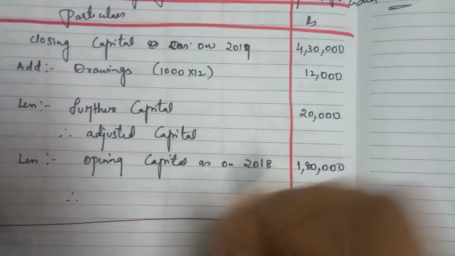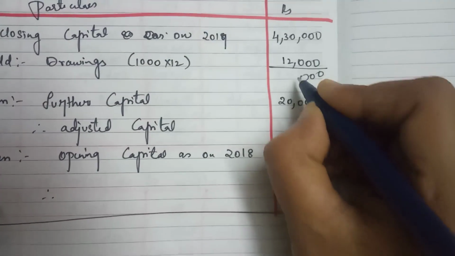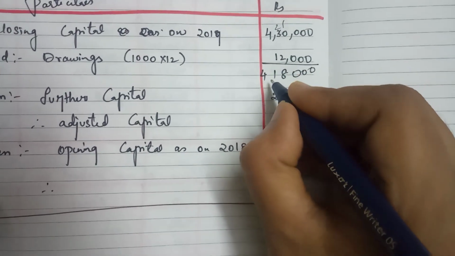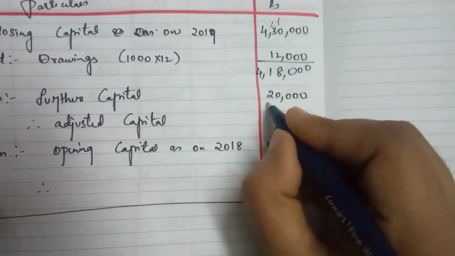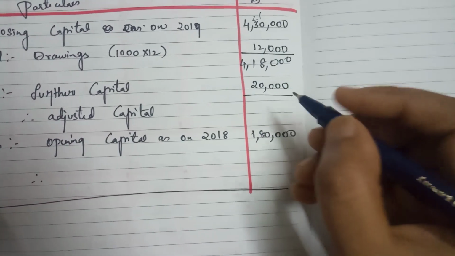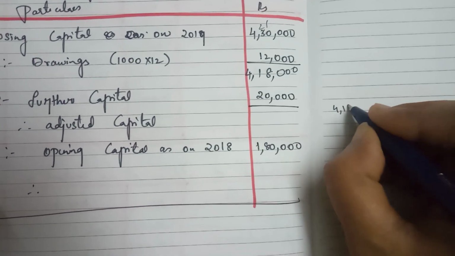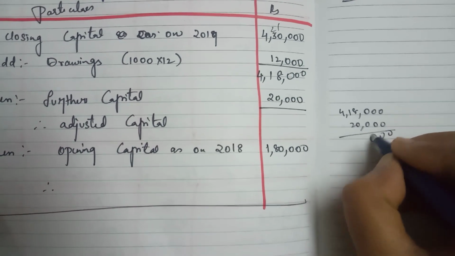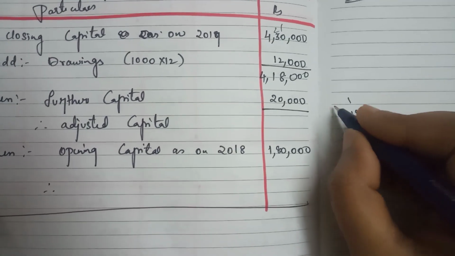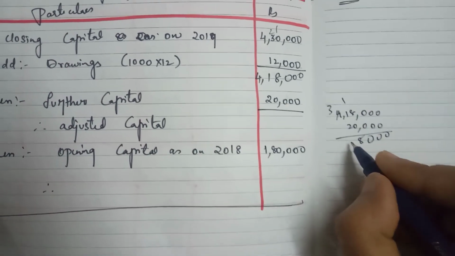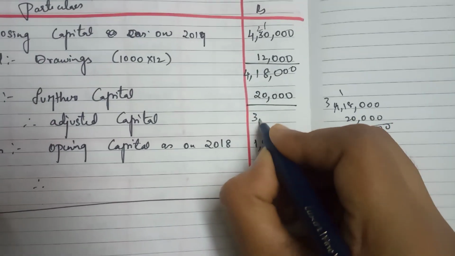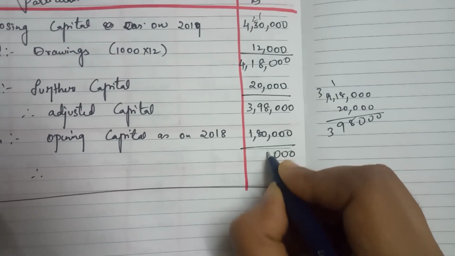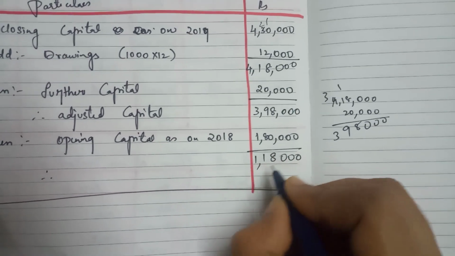So adding all the things, we get 4,42,000. If you deduct 20,000 from 4,42,000, it is 4,22,000. From that, if you deduct the opening capital 1,80,000, it is 2,42,000.